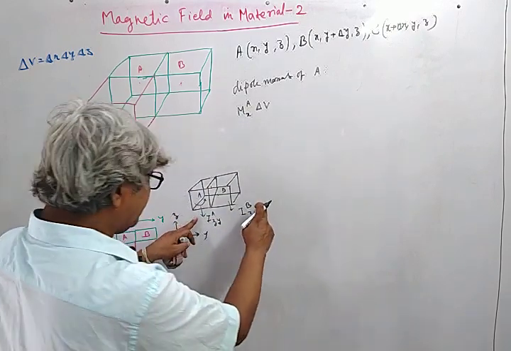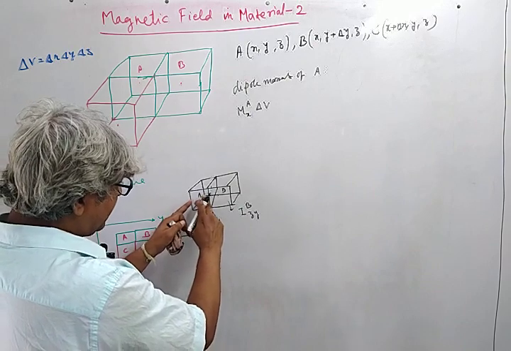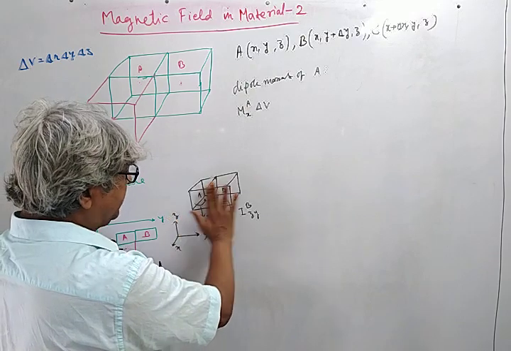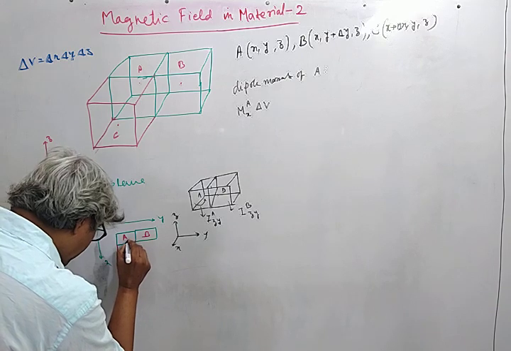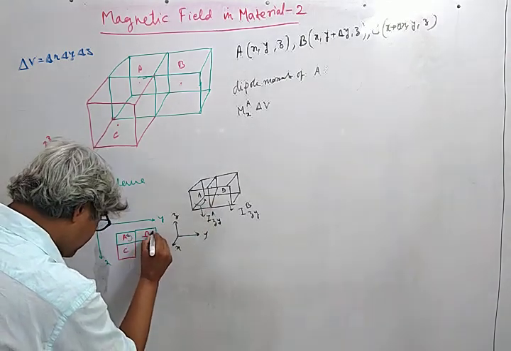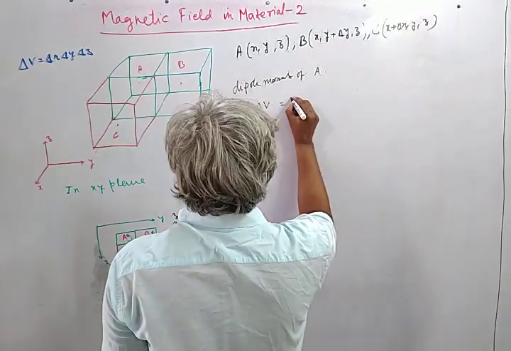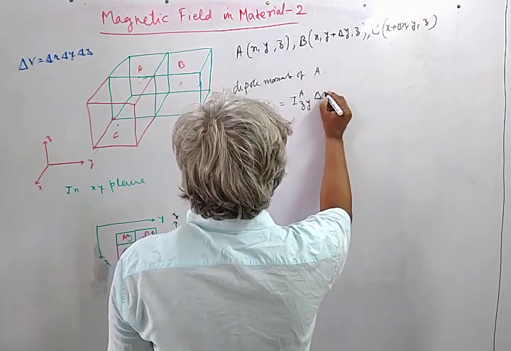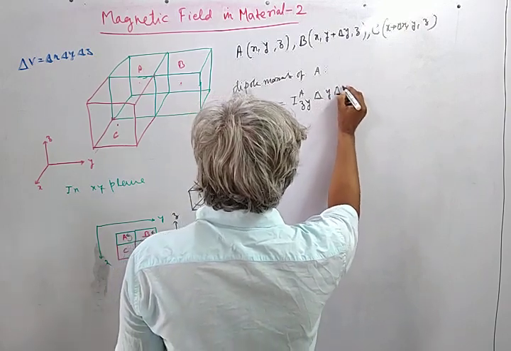These are the currents flowing along the z axis in the volume elements A and B, when we consider the plane to be the YZ plane. That is to say, this is this current and this is this current. So we can call it I_A,ZY, and the area is delta y delta z.